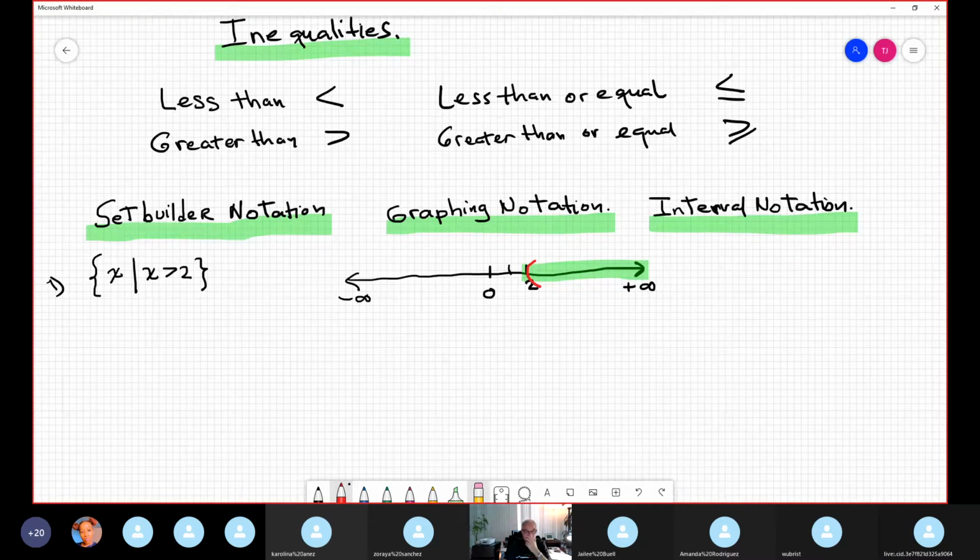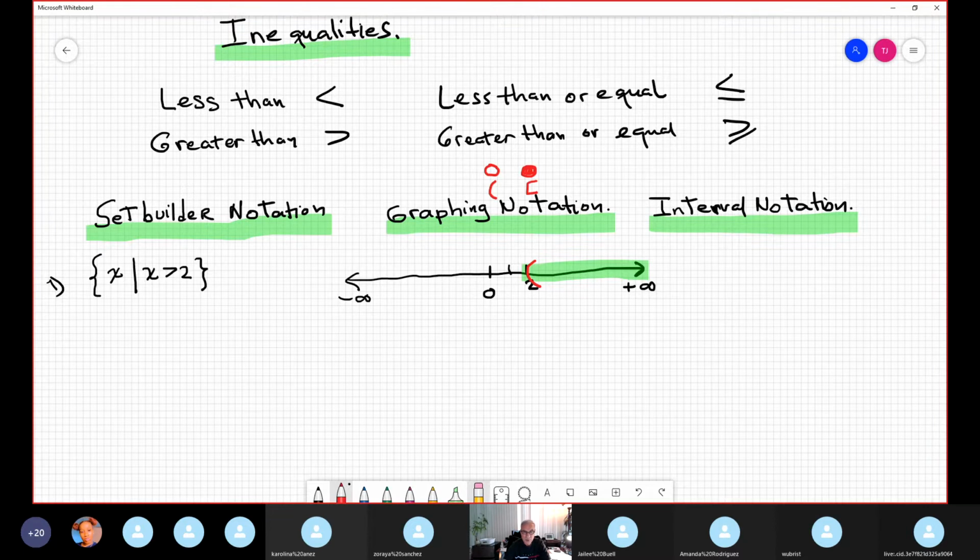This is our notation on paper. However, in Alex, unfortunately, they use a different notation, but it's similar. You have an empty circle or a full circle. An empty circle is equivalent to parentheses, a full circle is equivalent to the bracket.